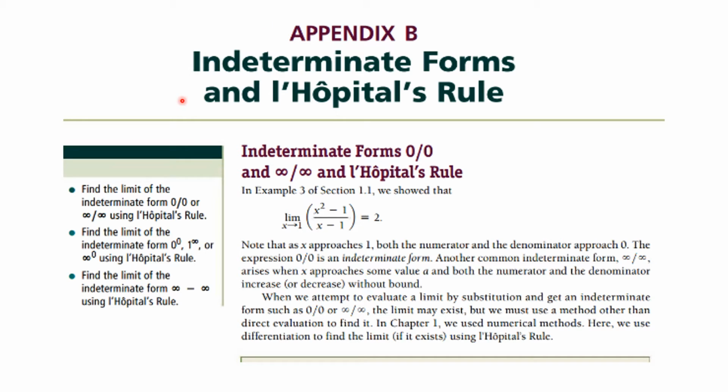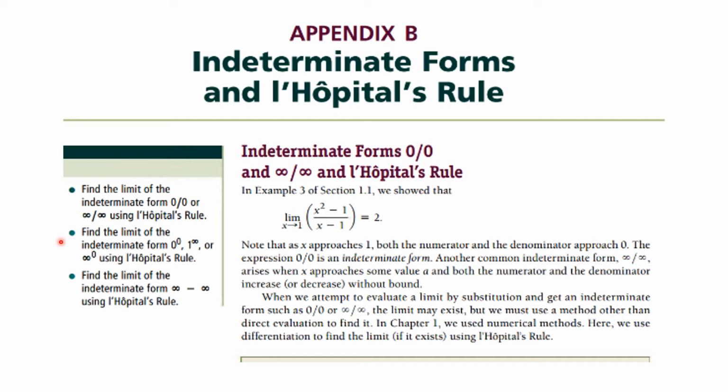This is Appendix B in your textbook, and the title is Indeterminate Forms and L'Hopital's Rule. What we're going to do is talk about what indeterminate forms are, and then find the limit of an indeterminate form of the form 0 over 0 or infinity over infinity using L'Hopital's rule.